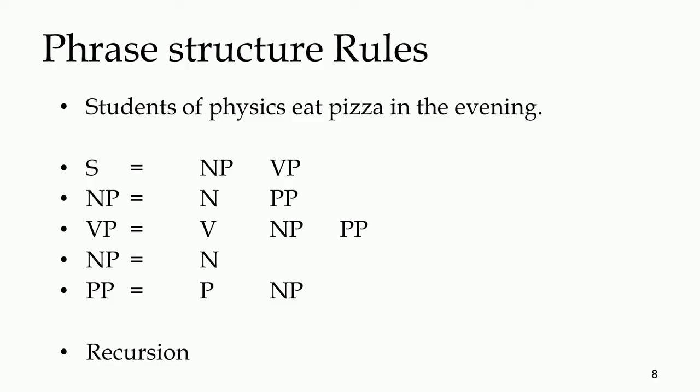Then we want to describe the NP, what we mean by NP in this particular sentence. The NP, which is the subject NP, is a noun and PP. So, the noun is students and then the PP is of physics.